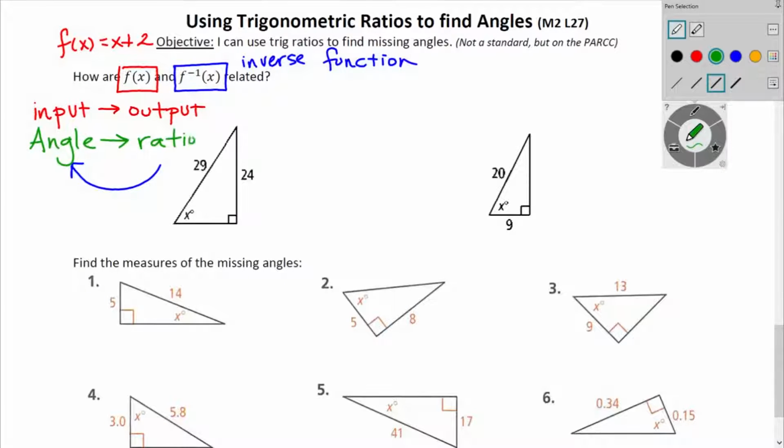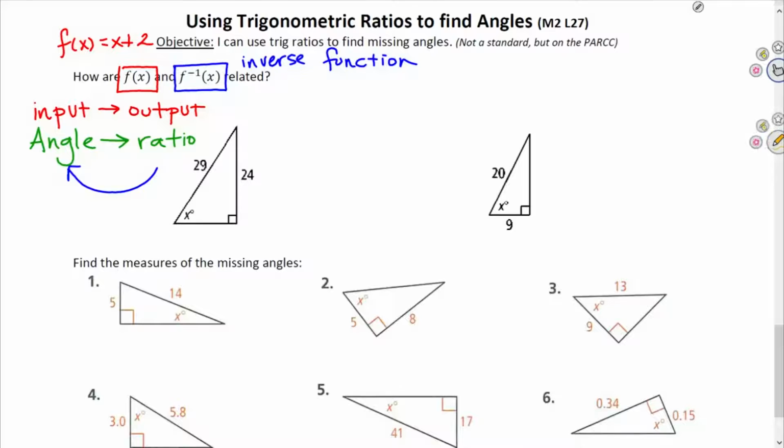We use that same notation: the sine of 45 is some ratio, the cosine of 67 degrees is some ratio. That's even the notation we have to use in the calculator. But this inverse function notation says, hey, I have a ratio. What angle did it come from? That's how we find angles, by using sine, cosine, or tangent ratios.